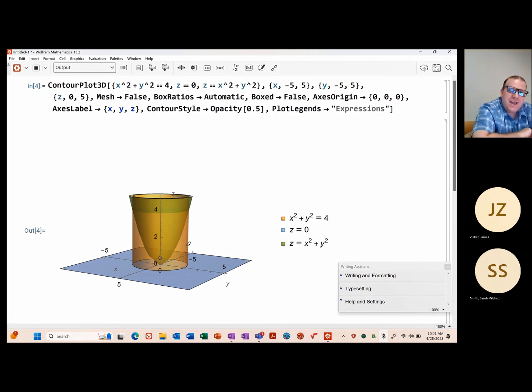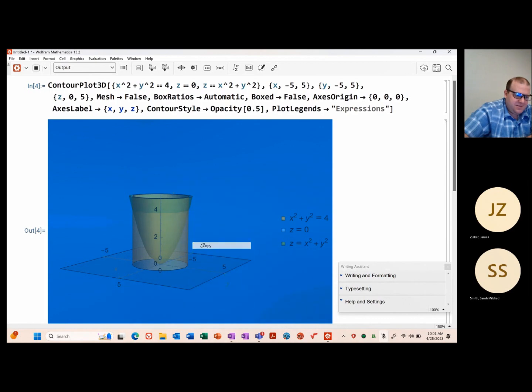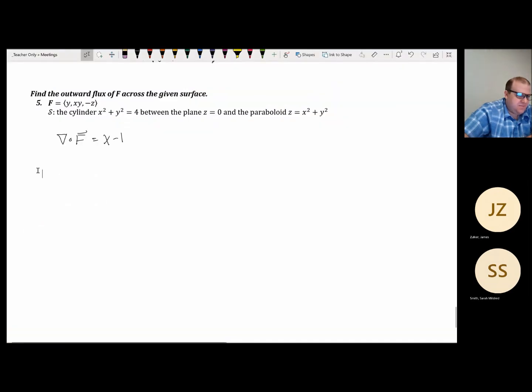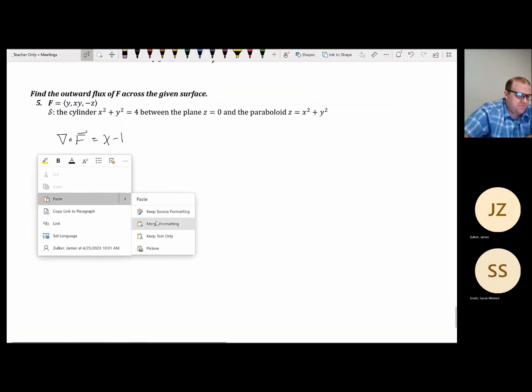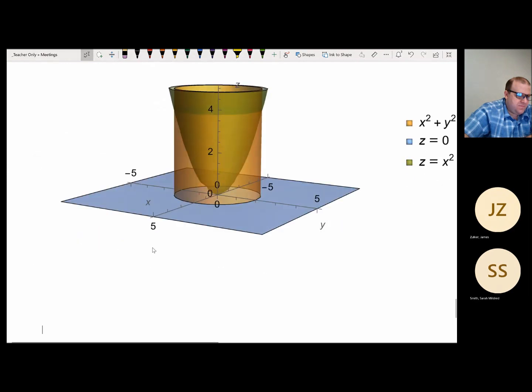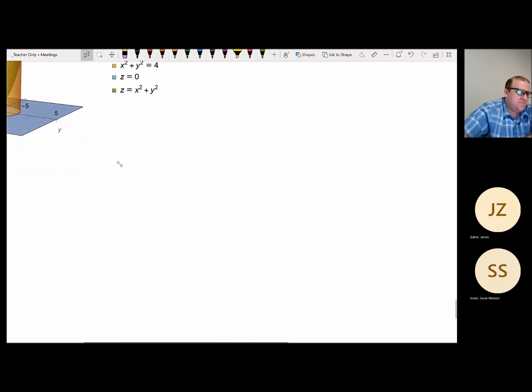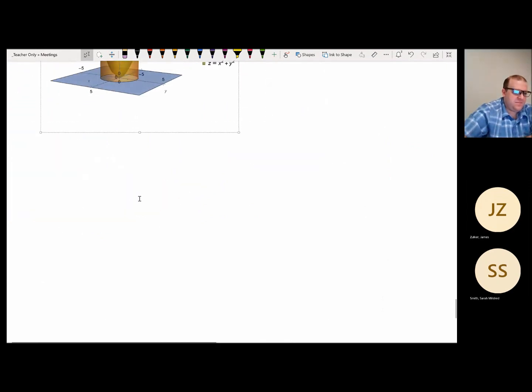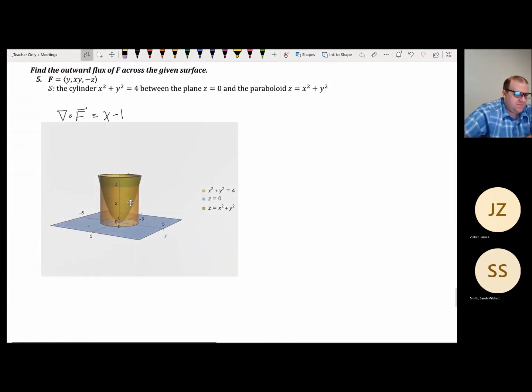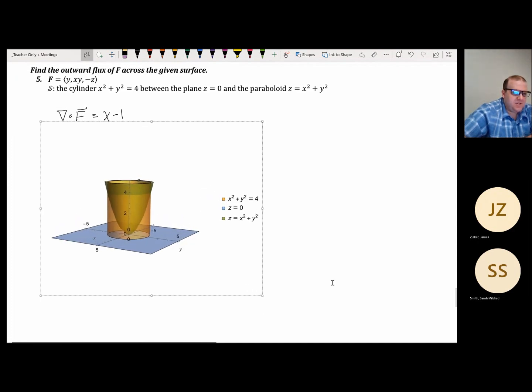So we have to try and describe that. And just so I don't have to keep flipping back and forth, I'm pasting it here.